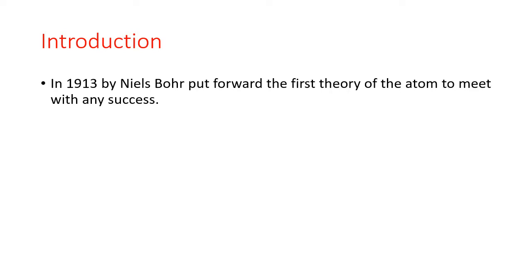However, the first semi-successful model was proposed by Niels Bohr. Of course, this is not a perfect model. It has several drawbacks. However, it was successful in explaining at least hydrogen spectra and the hydrogen atom.